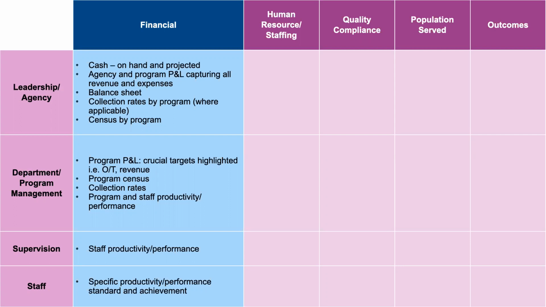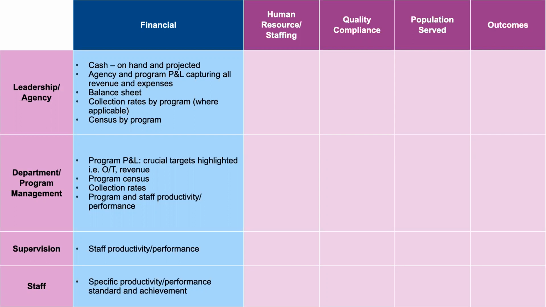These are examples of data that's often looked at at a leadership level to understand how the overall agency is performing. But as we move down towards the department or program leads, that overall data becomes less useful, because staff managing programs need that data broken down by their program with specific targets, such as overtime and revenue, where program census, collection rates, and program and staff productivity, for example, are presented to program managers in a way that they can manage their programs themselves.